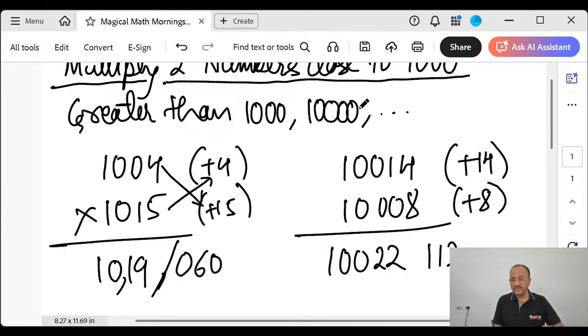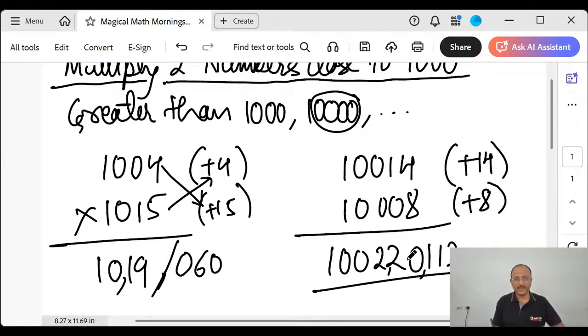But how many zeros does this base contain? 4 zeros. So what do we do? The remaining thing I'm going to fill with a 0. This is the answer: 10022 0112. See, always consider the number of zeros that the nearest base contains. 4 zeros means in the product it should contain 4 digits.